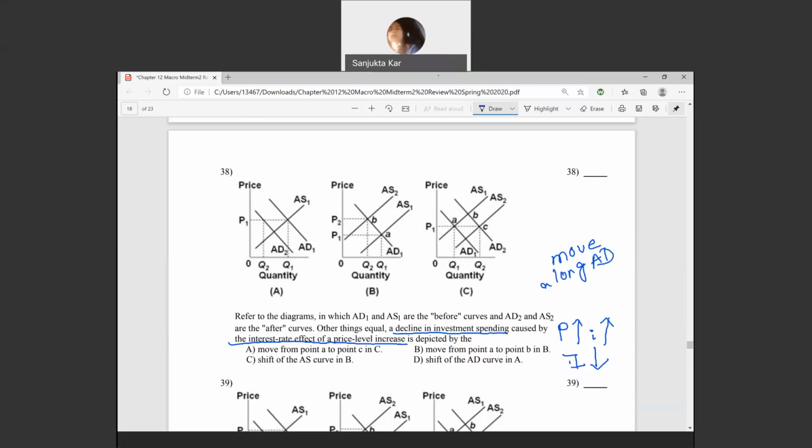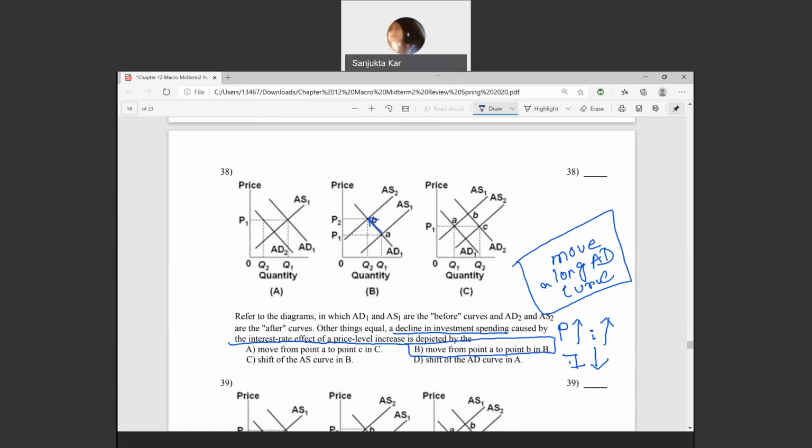Anything to do with price is associated with a move along the aggregate demand curve. So we are moving from point A to point B along this aggregate demand curve. So my answer for question number 38 will be this one. You move from point A to point B.